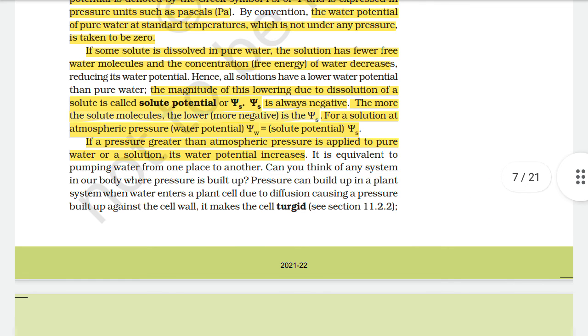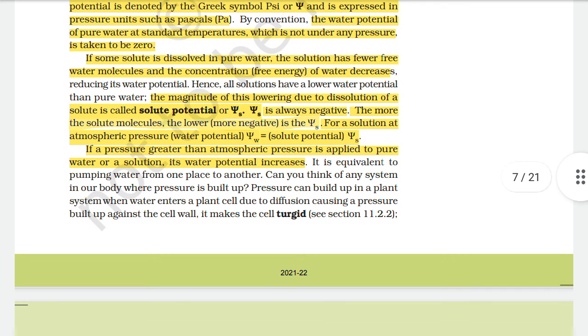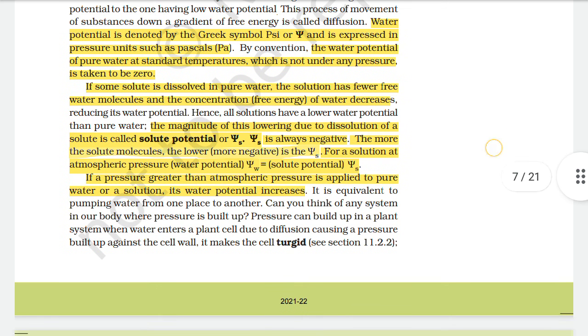The water potential of pure water at standard temperature, which is not under any pressure, will be zero. Why will it be zero? Because it is not under any pressure. Look at the relation between solute potential, pressure potential and water potential: water potential is the sum of solute potential and pressure potential.